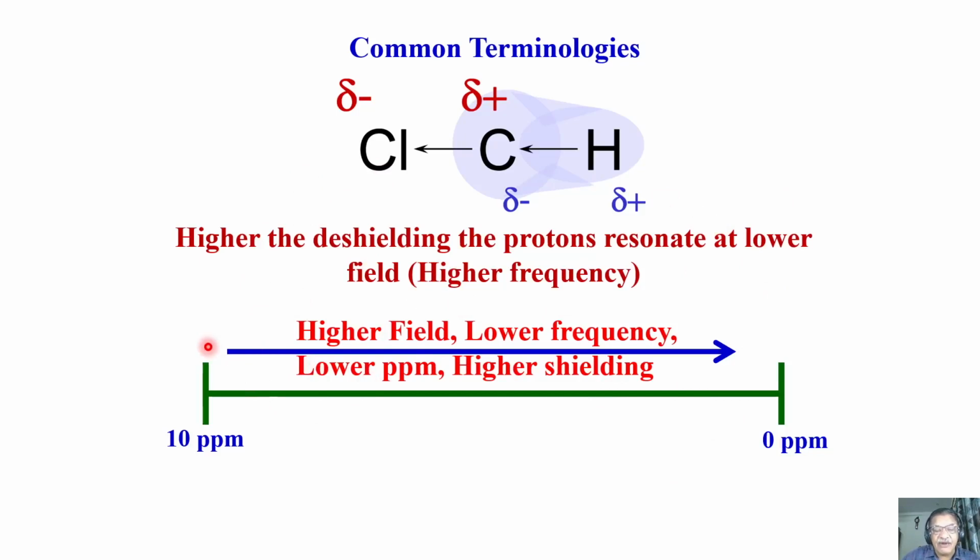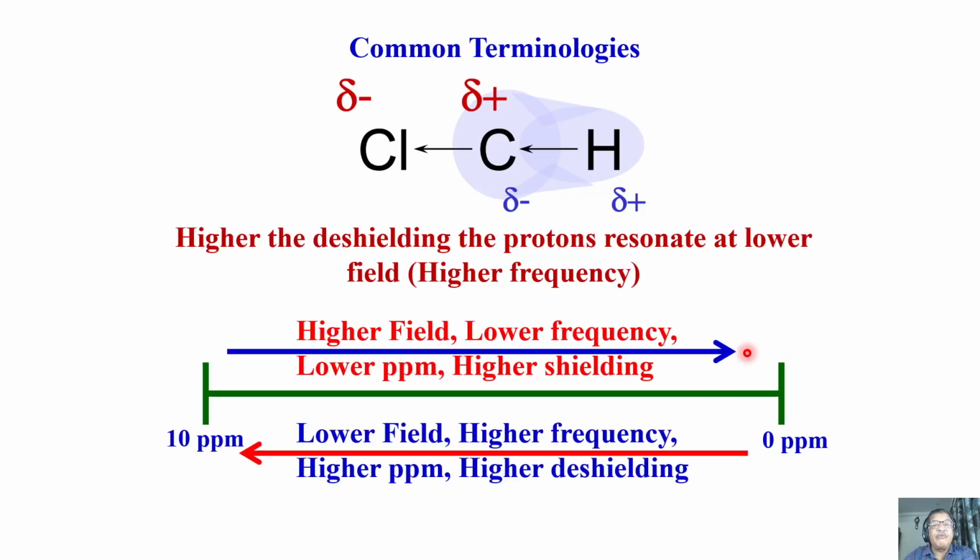As you go from the left side to the right side of the spectrum, I'm covering the range from 0 to 10 ppm. But conventionally, the terminologies we use in the regular NMR spectrum are: we are moving towards high field, lower frequency, lower ppm, and higher shielding. These are the terminologies. What happens if we come from right to left?